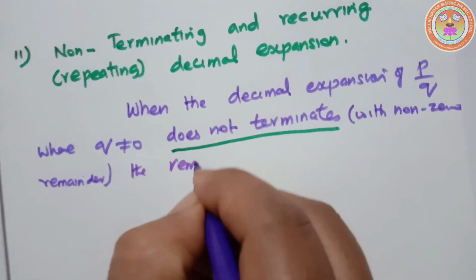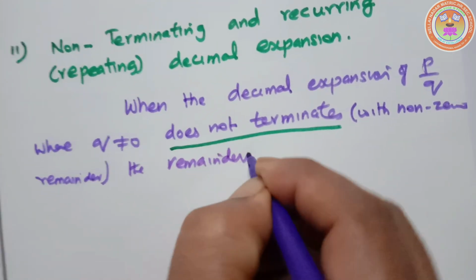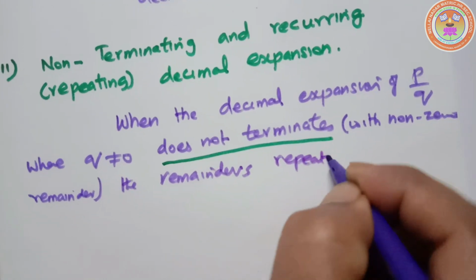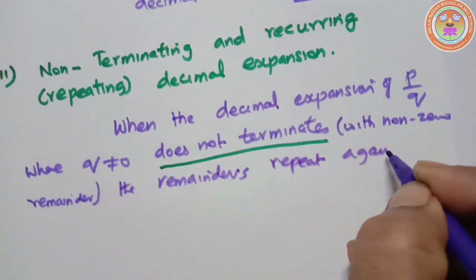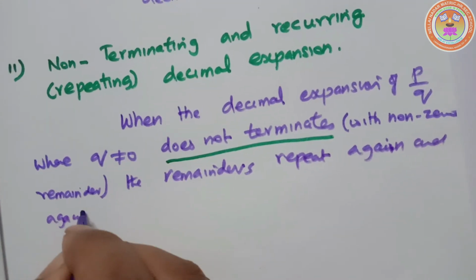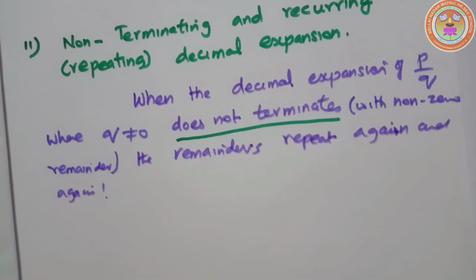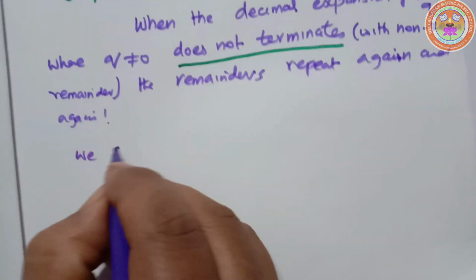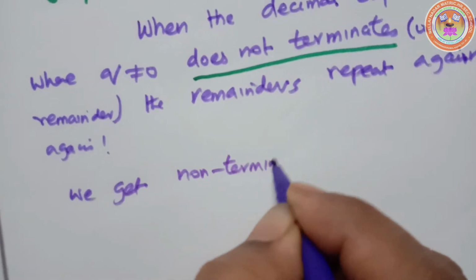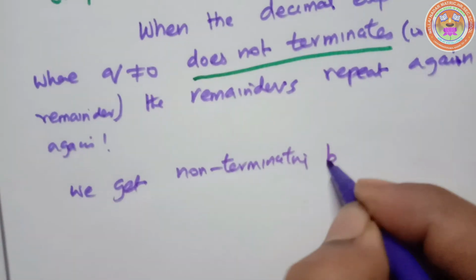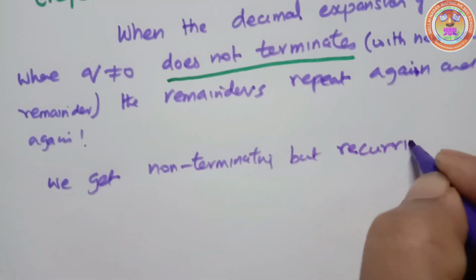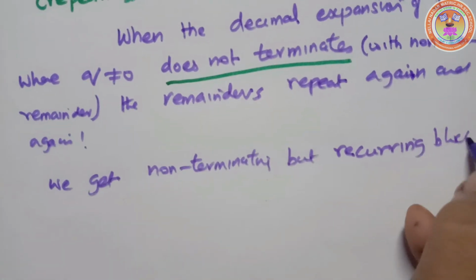The remainders repeat again and again. So we get non-terminating but recurring blocks of digits.